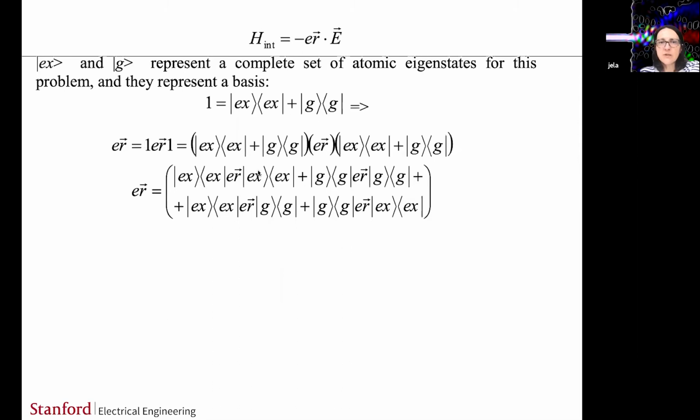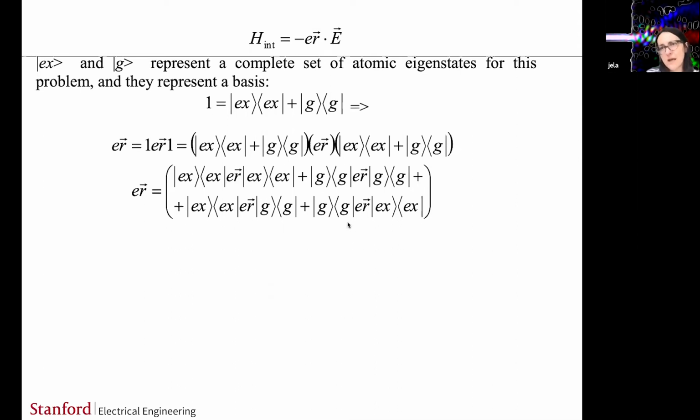And these terms in the middle here would be just numbers. These are matrix elements that you're calculating when you're calculating the overlap of the wave function corresponding to the excited state, for example, multiplied by ER, multiplied again by the wave function of the excited state, right? This is a pretty standard calculation of the matrix elements, which we will not really be doing here. We'll just replace them with some constants, but I'm explaining to you physically what they are.